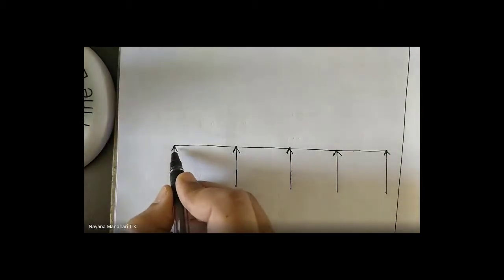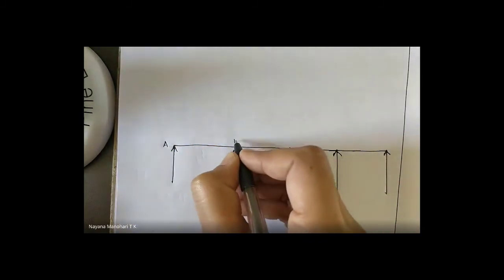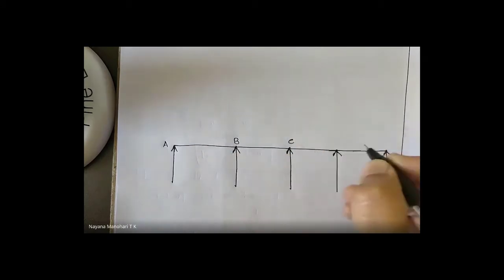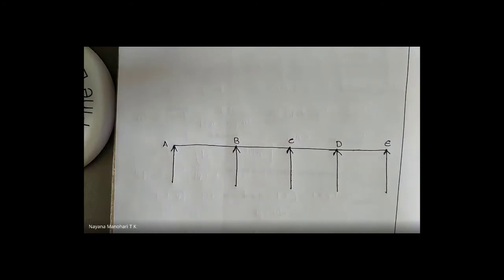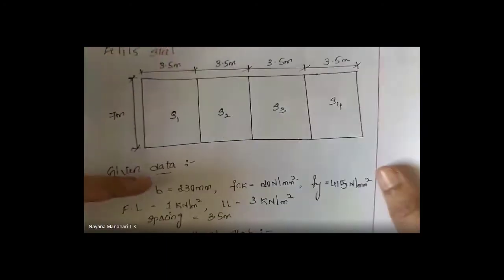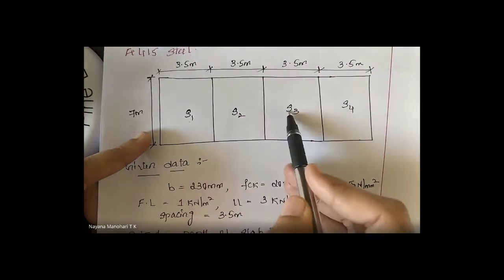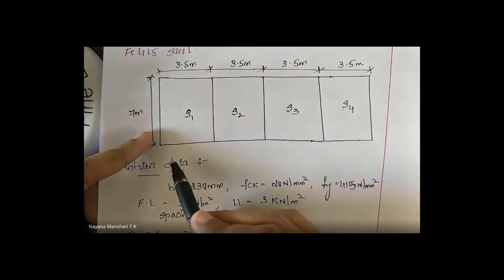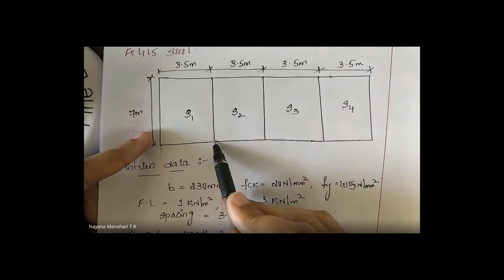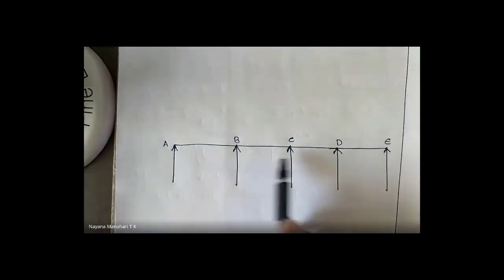You consider this the support A. This is B, C, this is D, and this is E. You can observe this first figure. This is a one-way continuous slab, S1, S2, S3, S4. It is supported by the beams. This is one beam, second, third, fourth, and this fifth. I have written it here.